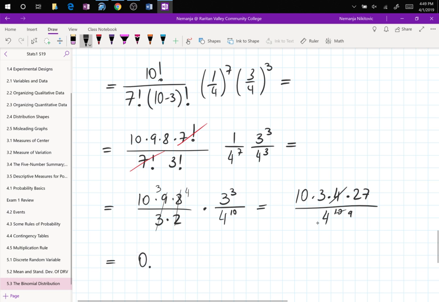The answer is 0.003. Your chance of guessing randomly 7 out of 10 correctly is 0.3%.